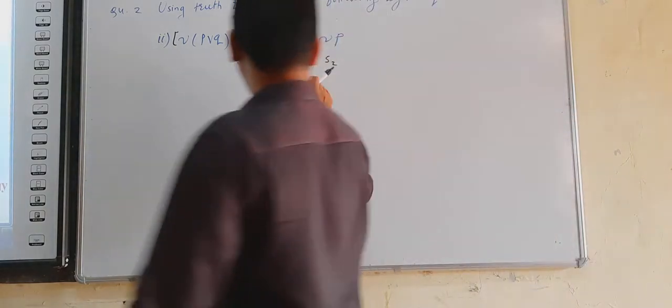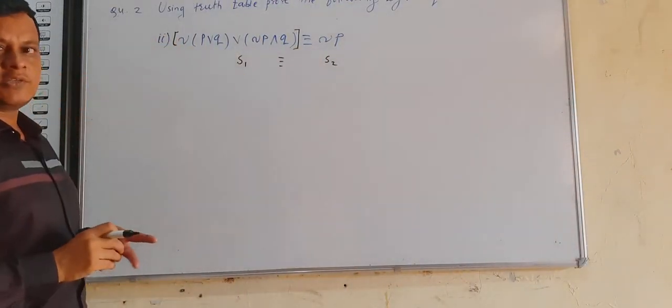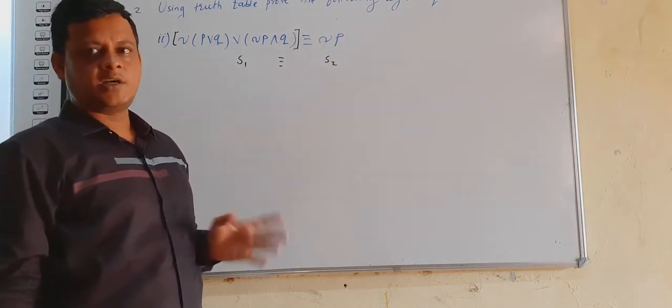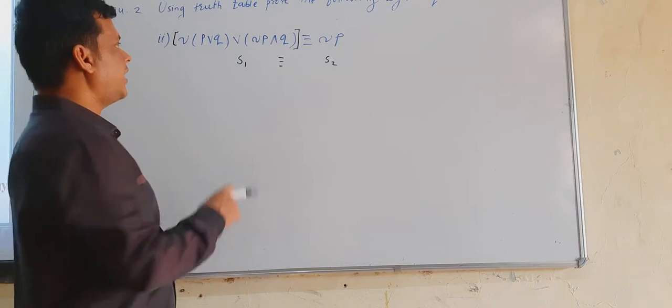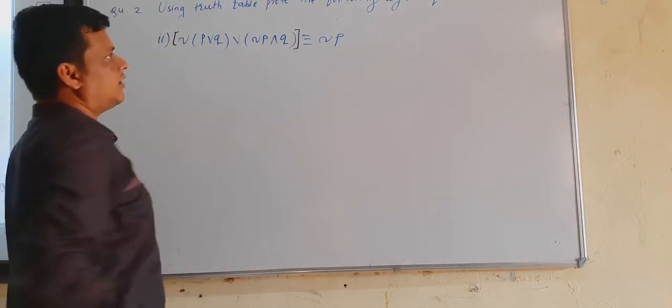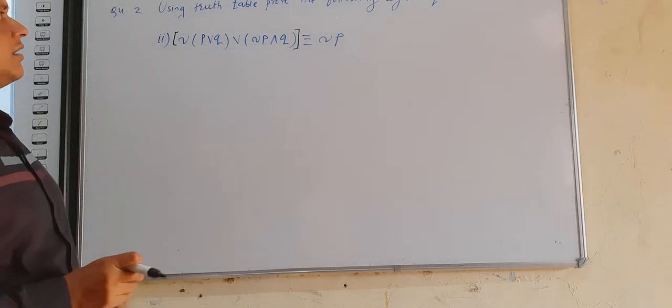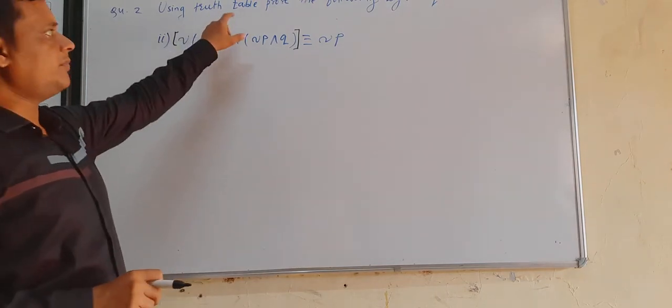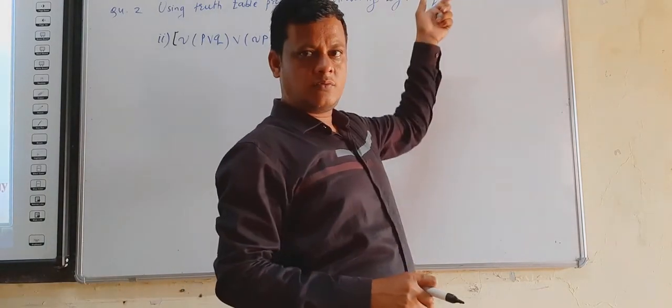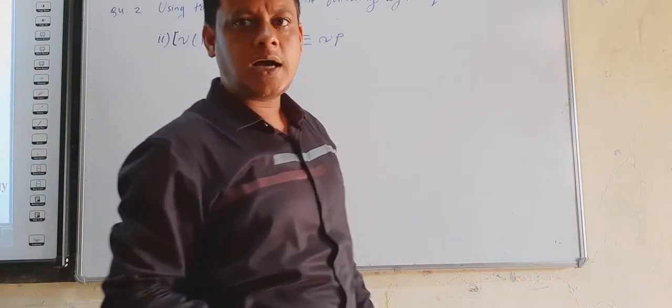We have to prepare a truth table for the statement S1 and a truth table for the statement S2. From that we have to decide whether the given statements are logically equivalent or not. We have to prove that, that means using the truth table we prove LHS equals RHS.